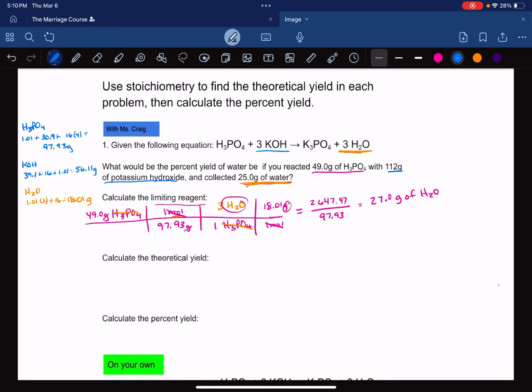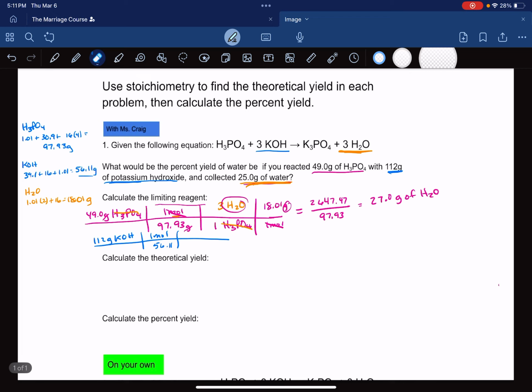Next, we're going to see how many grams of water can be produced from the potassium hydroxide. So to start with, I have 112 grams of potassium hydroxide. So I'm going to start with that. One mole over the molar mass of the potassium hydroxide, which is 56.11.